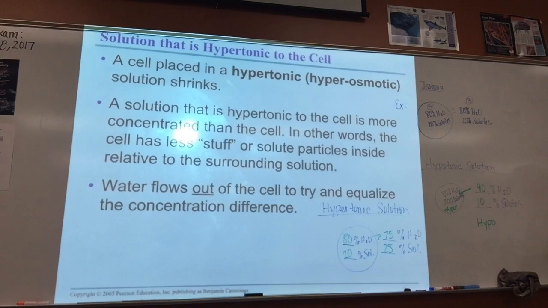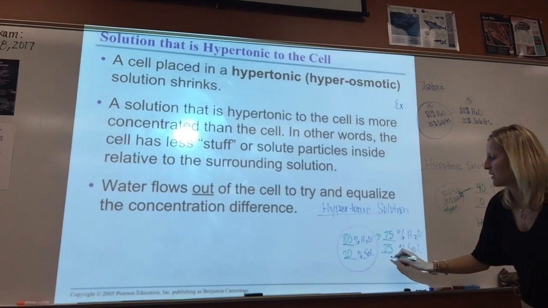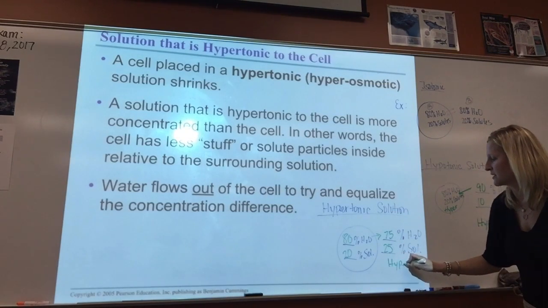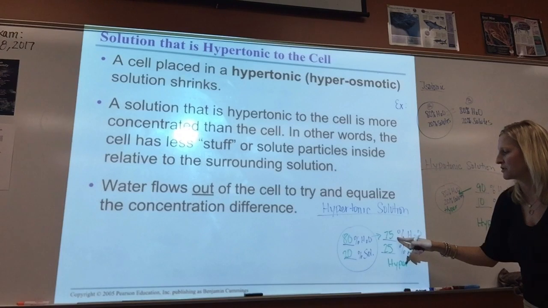So water, if you notice here, will flow from a hypo to a hypertonic solution. Hypo has a high concentration of water; hyper has a lower concentration of water and a higher concentration of solutes. And if we look here, this outside was a hypertonic solution, with a lower concentration of water.